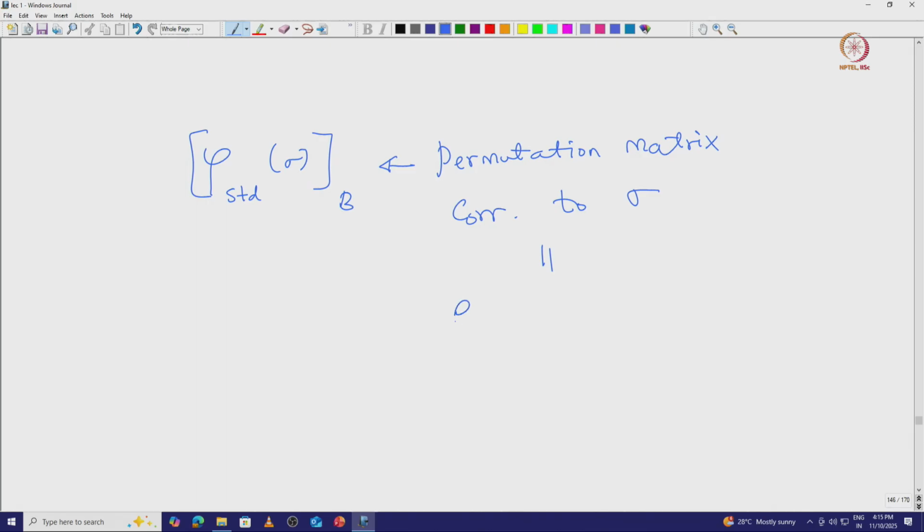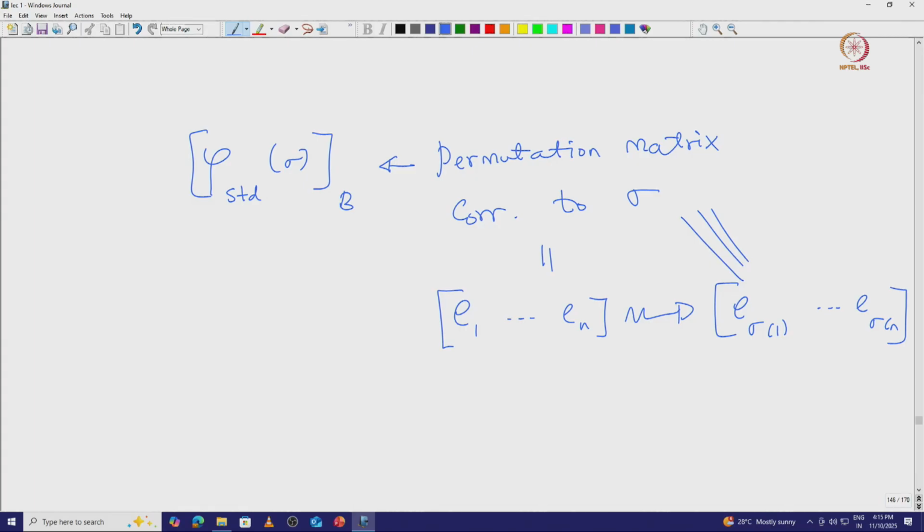So, let us say this is the identity matrix E1 etc. En, then from here you get the permutation matrix corresponding to sigma as E sigma 1 etc. E sigma n. So, this is how you get the corresponding matrix.